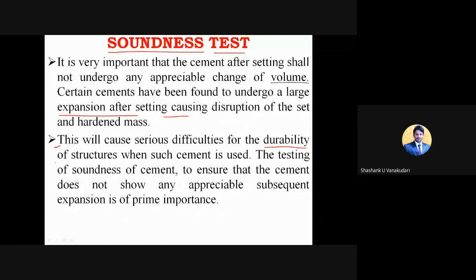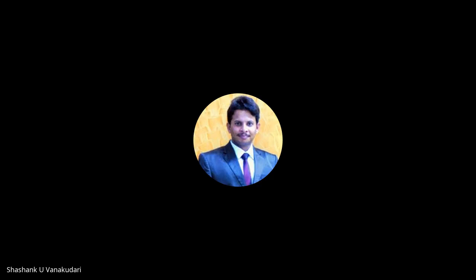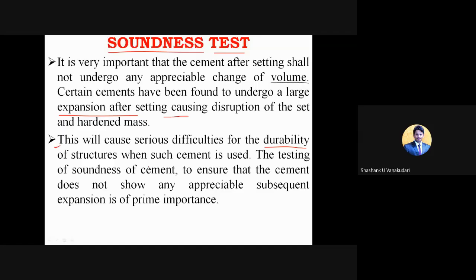So in this test, what we need to check is how much percentage it is going to expand compared to the original. So we are going to conduct that test. The test of soundness of cement is to ensure that the cement does not show any appreciable subsequent expansion, and it is of prime importance that it should not undergo much expansion.